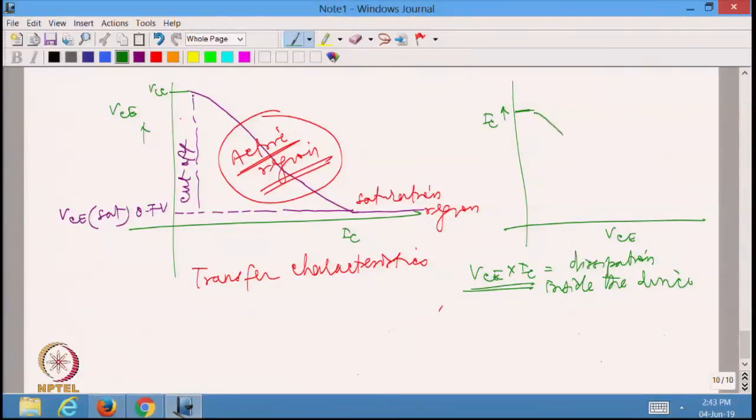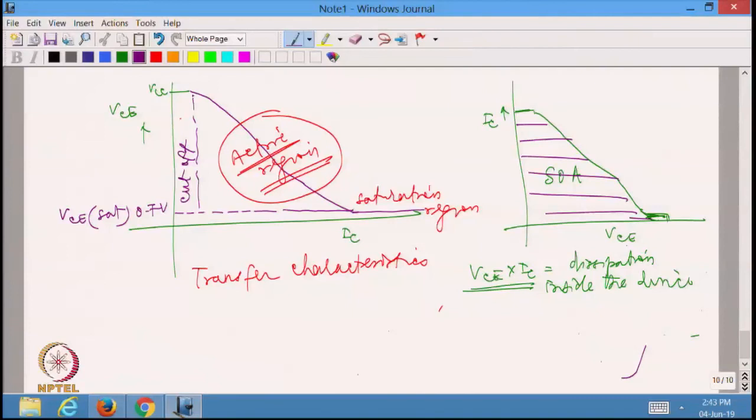So, I may have something like this, and then again I am going to have probably some portion where I am going to have VCE to be very small, but IC to be very large. So, I would call this the safe operating area for the transistor, which means within this region, whatever heat is dissipated within the device can be easily shunted out.